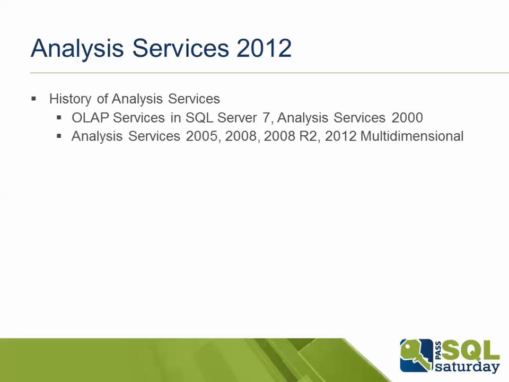So we got this fluffy marketing term called the UDM with the 2005 release, the Unified Dimensional Model. Why was it unified, and why was it a little bit fluffy? Well, it was unified because it would bring together the best of both worlds. Pretty ambitious, right?